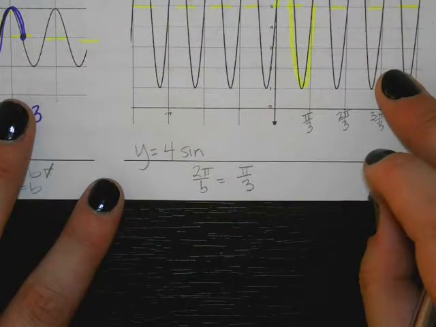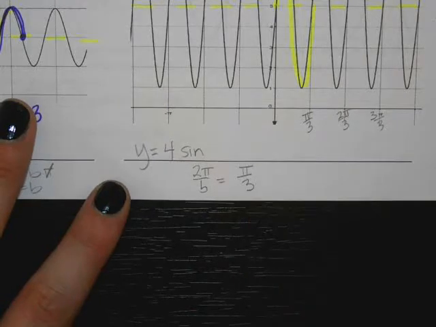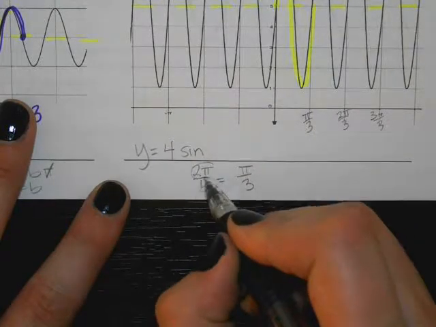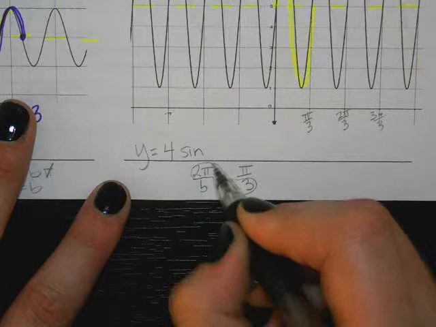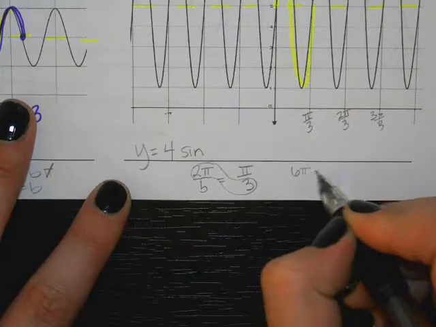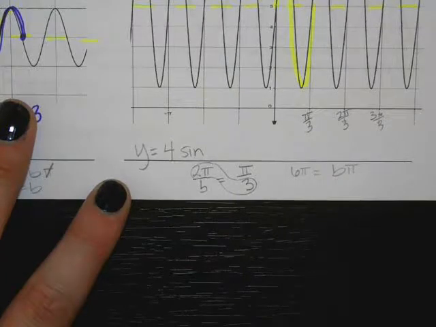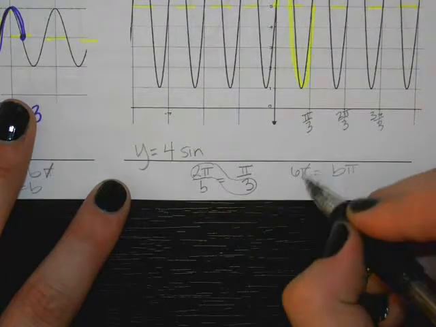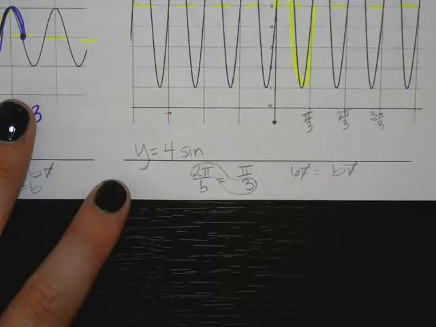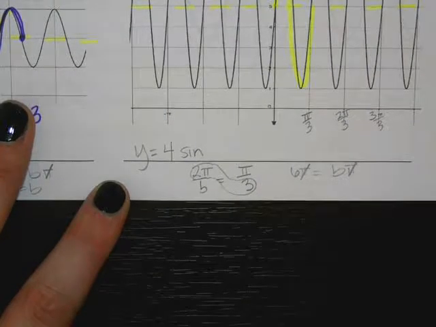B does not equal 3, because this is not 2 pi and 2 pi. So I'm going to do my cross multiplying this time. So I have 6 pi equals b times pi, and the pi's cancel, and you get 6. But I said 6 for a number reason. Because 6 divided by 3 is 2?